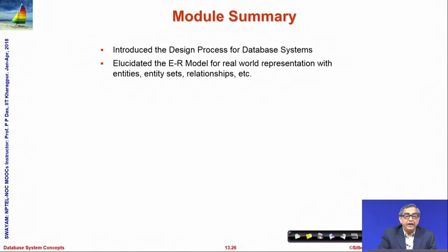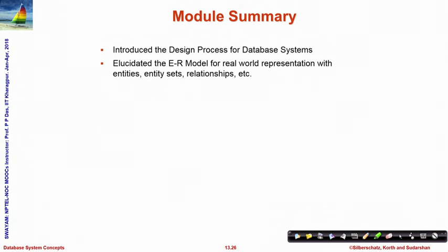The first stage is identifying the data items, which is leading to the conceptual design, which we will primarily do in terms of the entity relationship model, identifying the entities, the entity sets, the attributes that describe the entity set, the subset of attributes forming the primary key that uniquely specifies every entity in the entity set, and the relationships, typically binary, maybe non-binary also, that hold between the different entity sets.